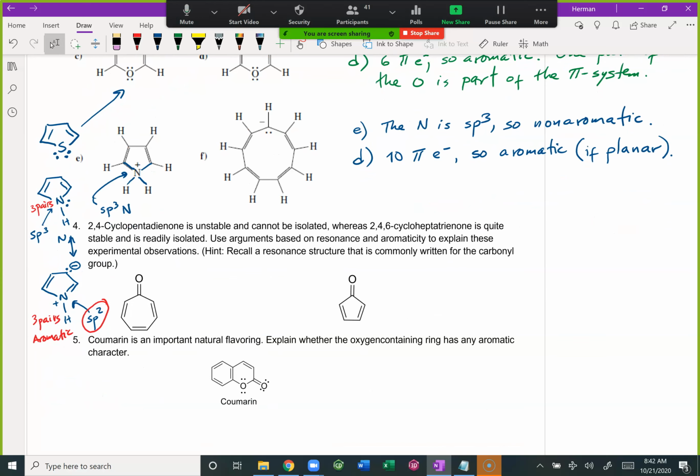All right, let's do number 4. This is a word problem. It says 2,4-cyclopentadienone, this one, is unstable and cannot be isolated, whereas 2,4,6-cycloheptatrienone, this one, is quite stable and is readily isolated.